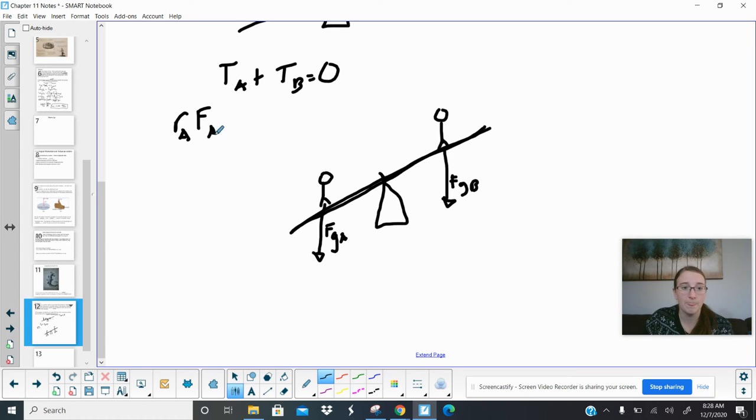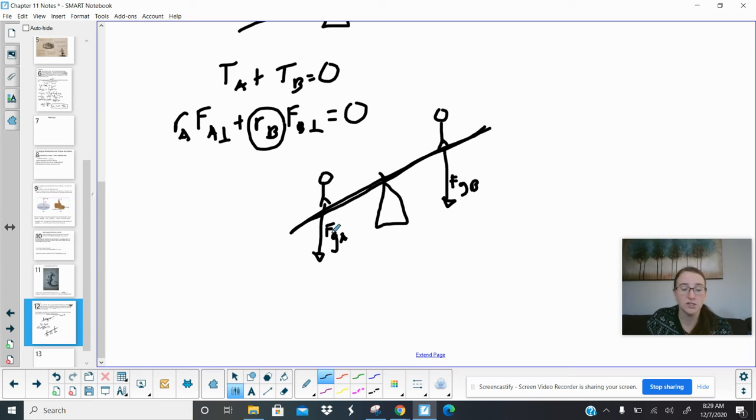But again, this force needs to be perpendicular to our lever, to our seesaw, plus the distance that Bree is, and that's what we're trying to find, times her force. I'm actually going to add here the little perpendicular sign so that we're clear.